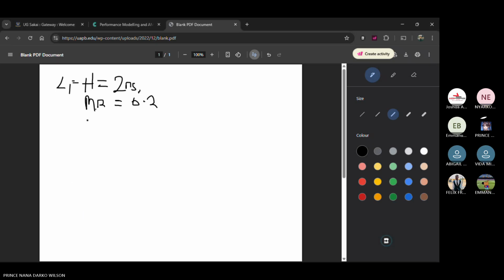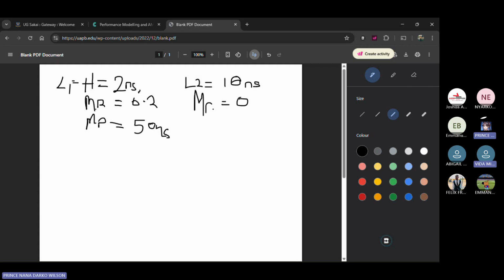The memory access penalty is 50 nanoseconds. For level 2, the hit time is 10 nanoseconds, and the miss rate for level 2 is 0.5, which is 50%.